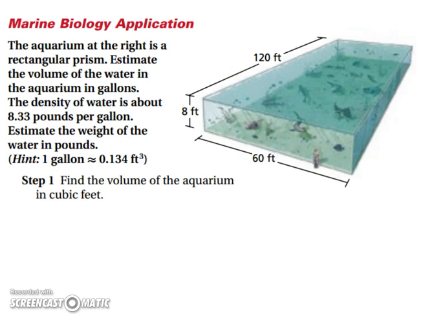Alright, now that you've had a moment to try this one on your own, let's try it together. So find the volume of the aquarium in cubic feet. Well, it's a rectangular prism, so we can have 60 times 120 times 8.